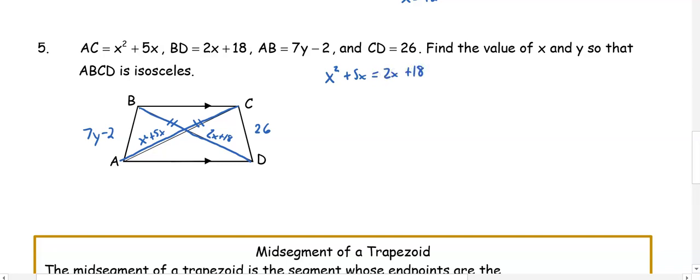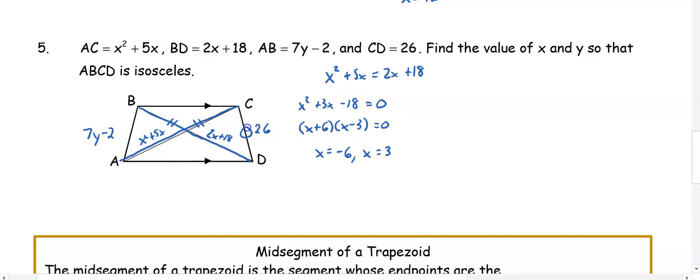We can move everything to the x squared side. So x squared plus 3x minus 18 equals 0. We need two numbers that multiply to negative 18 and add to 3. So we have x plus 6 and x minus 3 equals 0. When we switch our signs, x is negative 6 and x is 3. Both of these would work as solutions.